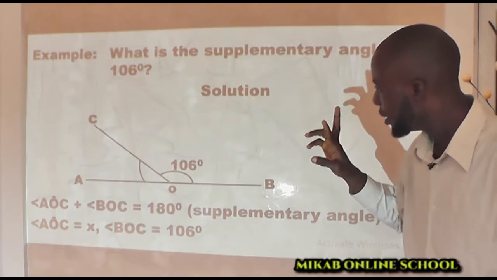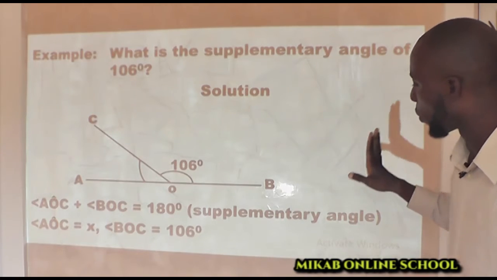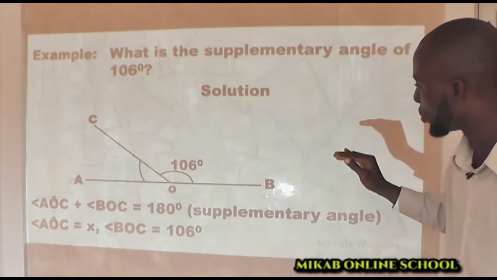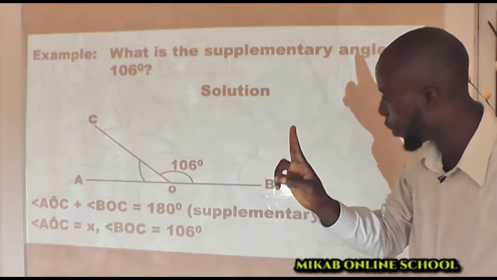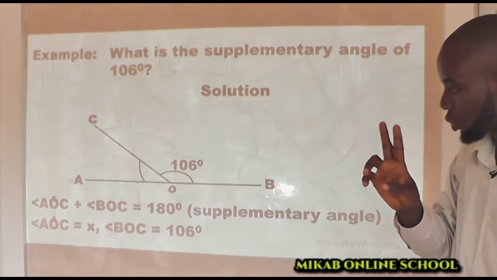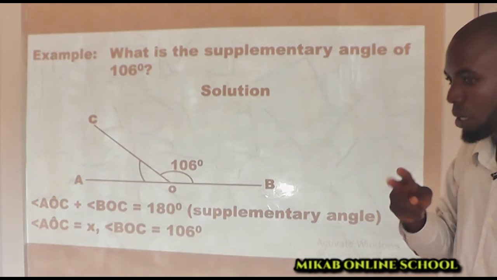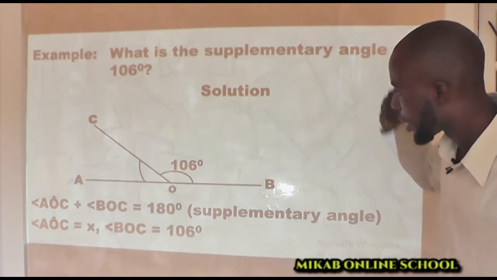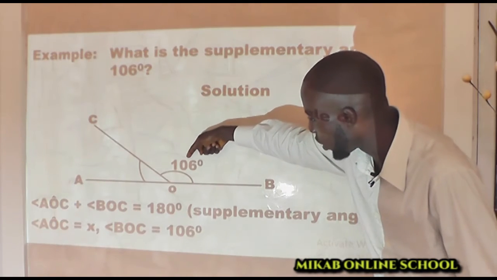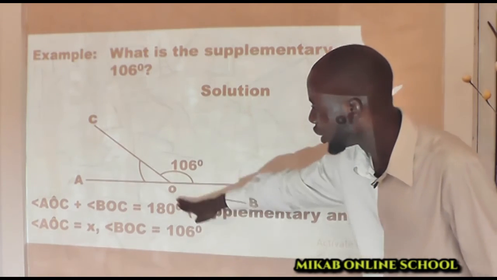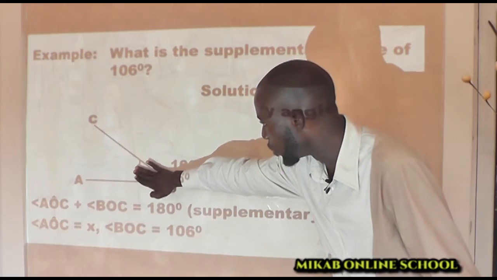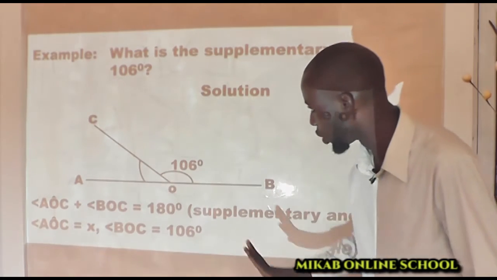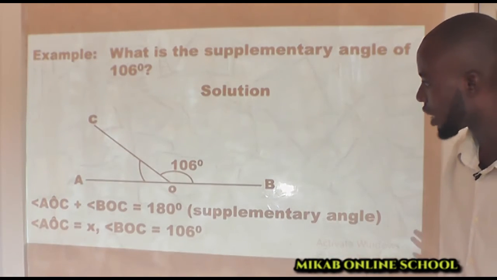And in the case of supplementary angles, we are dealing with two angles whose summation must be 180 degrees. You have one here to be 106 degrees. The other one, which we do not know, is going to be represented by any arbitrary value of your choice.